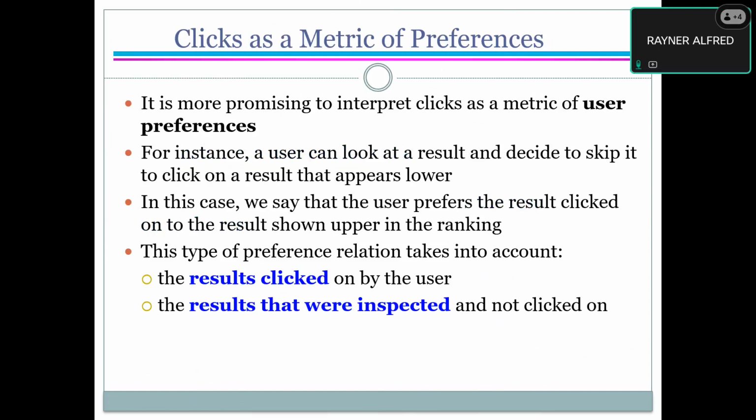So basically we want to define a framework that defines the behavior of the user. Because we are given, for example, 10 or 15 documents in the list. So when we click the document, we have to make some assumption.